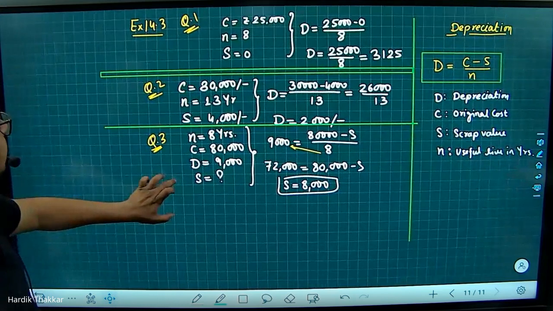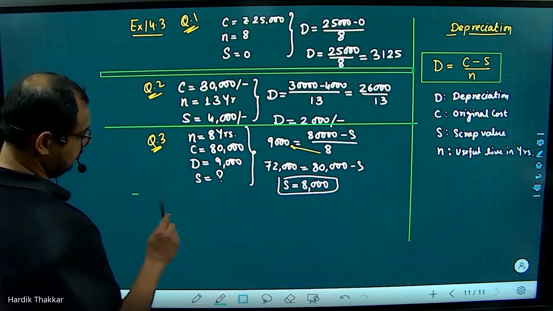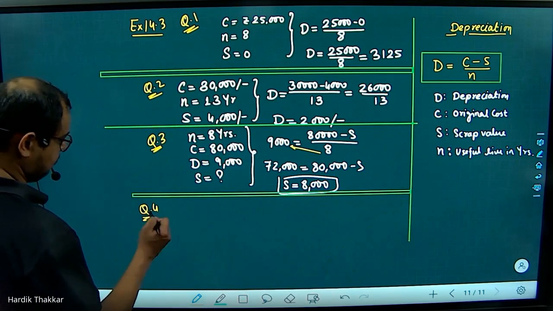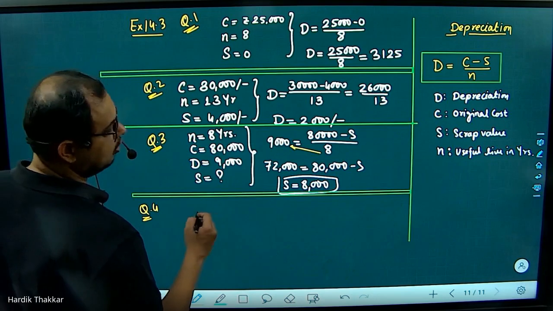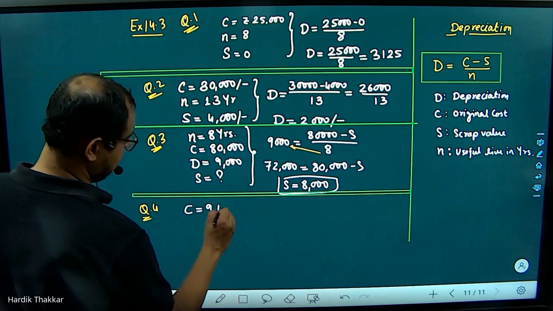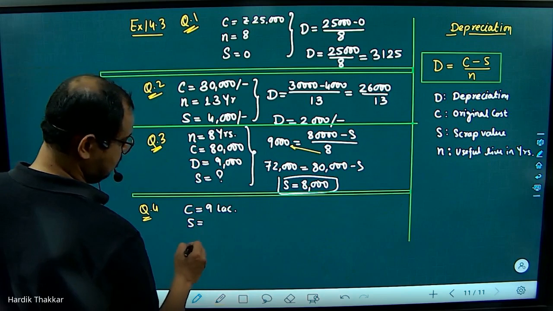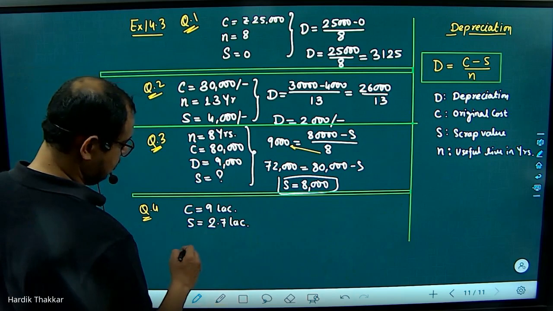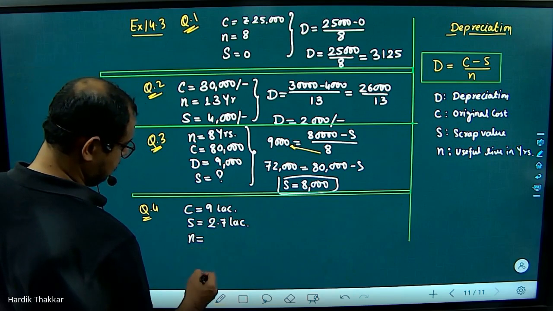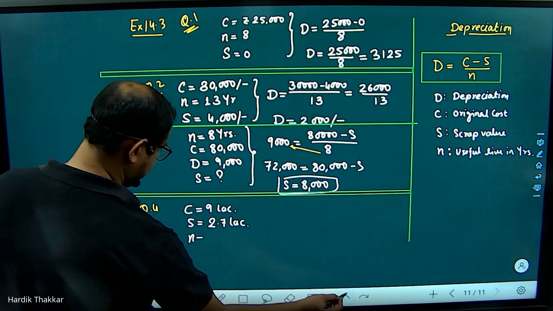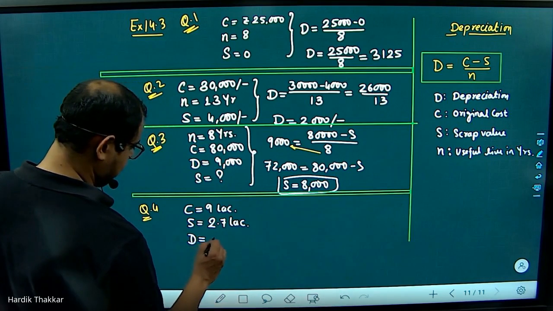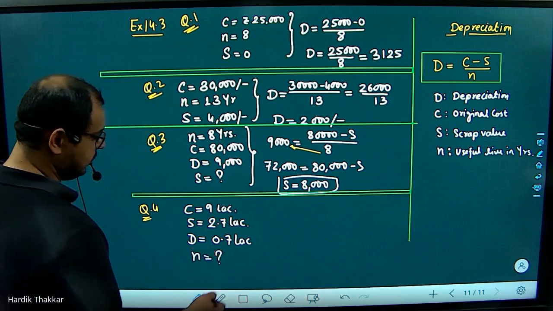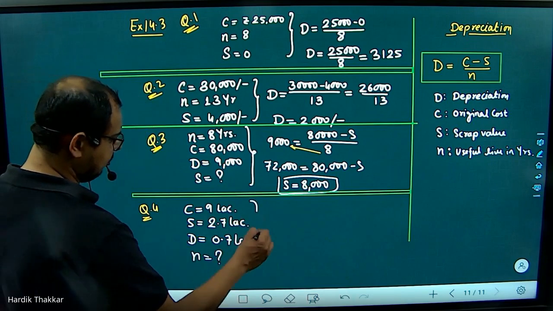Now the next question, question number 4. Cost value is 9 lakh. 2.7 lakh. D is 70,000. N is equals to question mark. मैं सारे डेटा लैक्स में ले लेता हूँ, कोई प्रॉब्लम नहीं है.